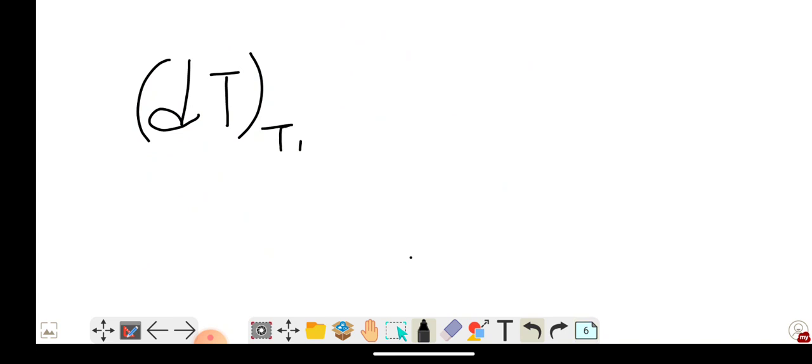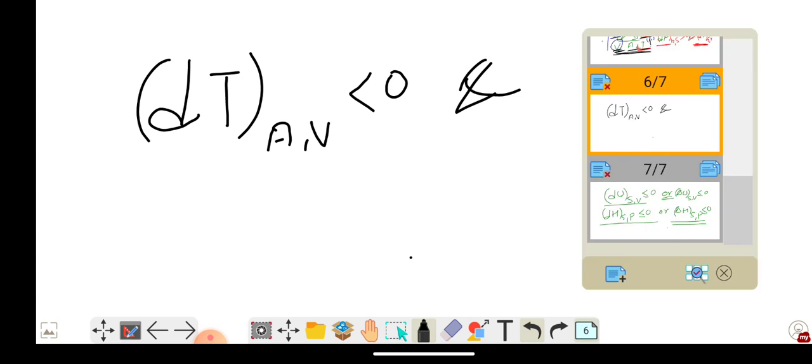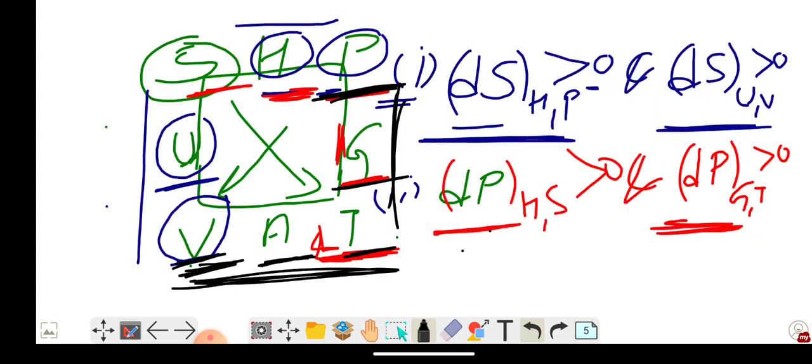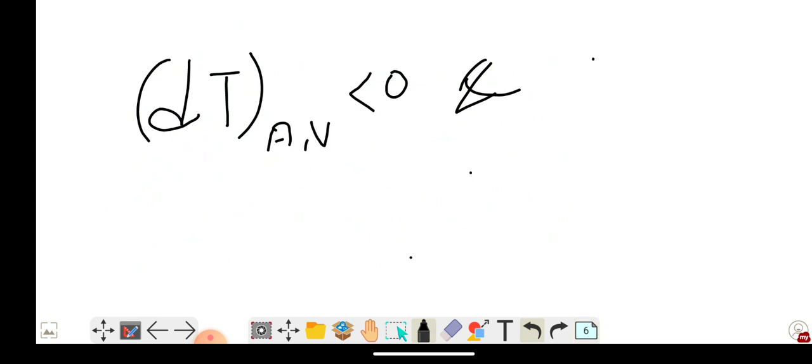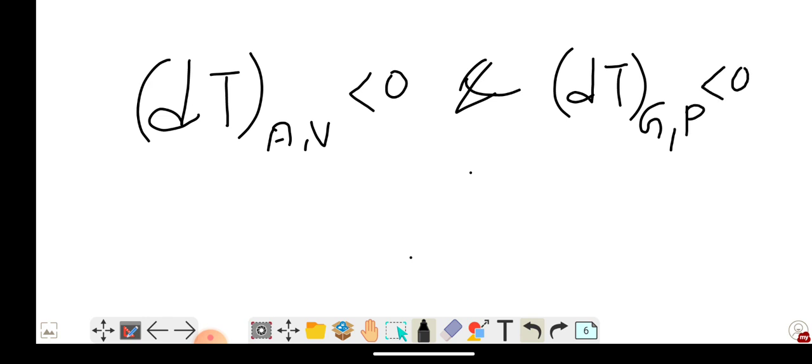Only in the case of dS and dP do we have the greater than 0 sign. So dT at constant A and V is less than 0, and secondly dT at constant G and pressure is less than 0.